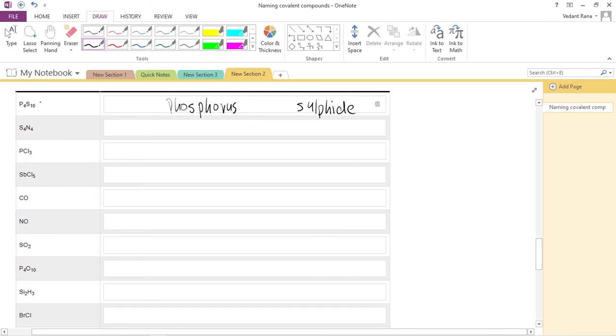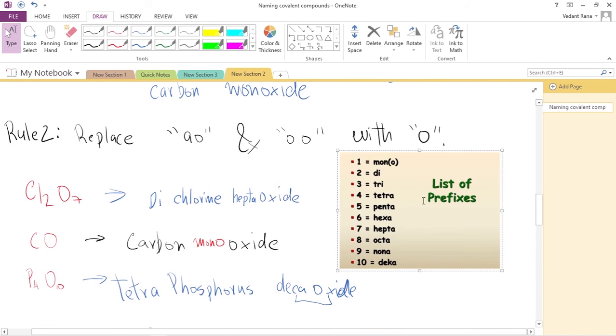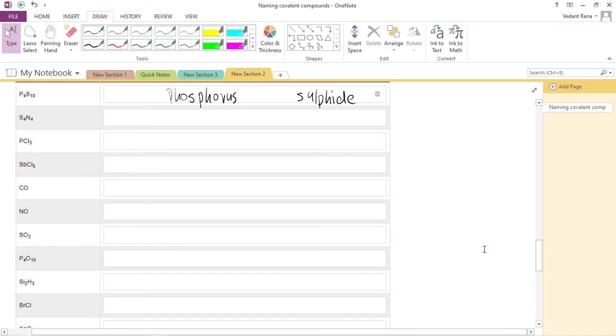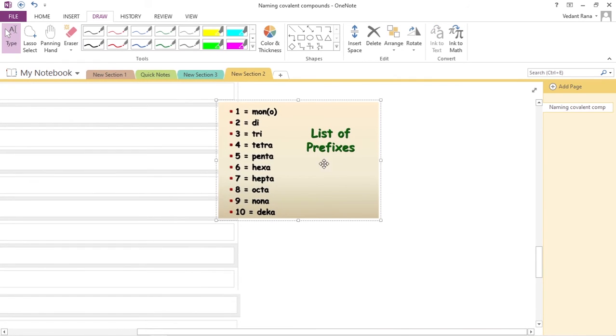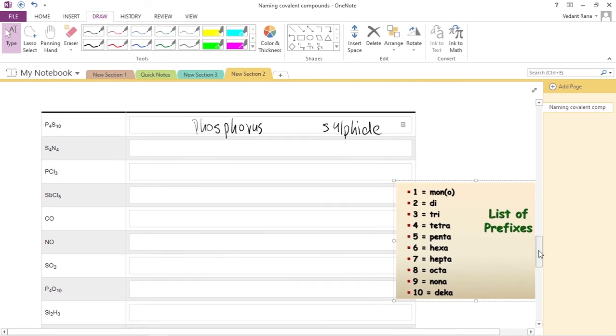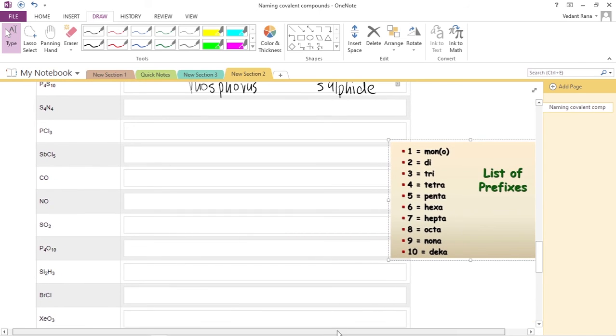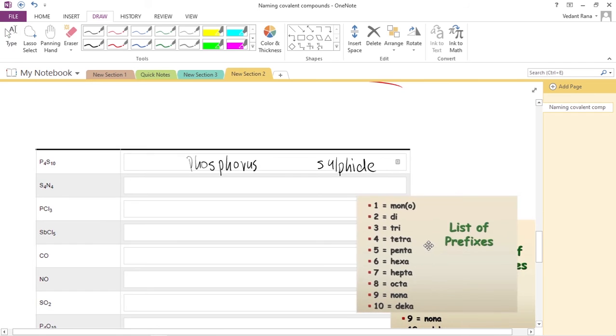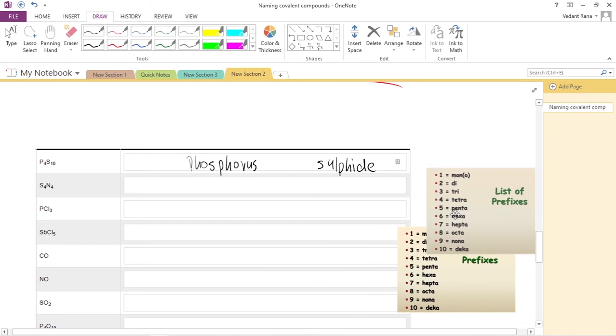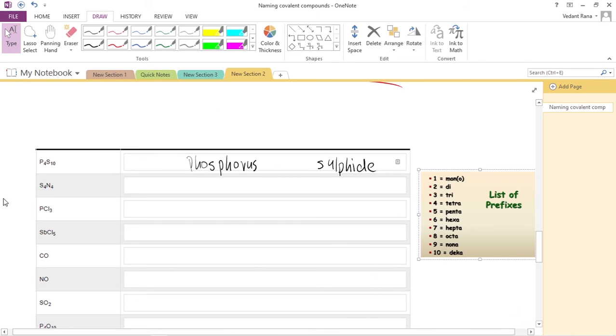We have 4 phosphorus atoms, so we use the prefix tetra. 10 sulfur atoms, so we use the prefix deca.